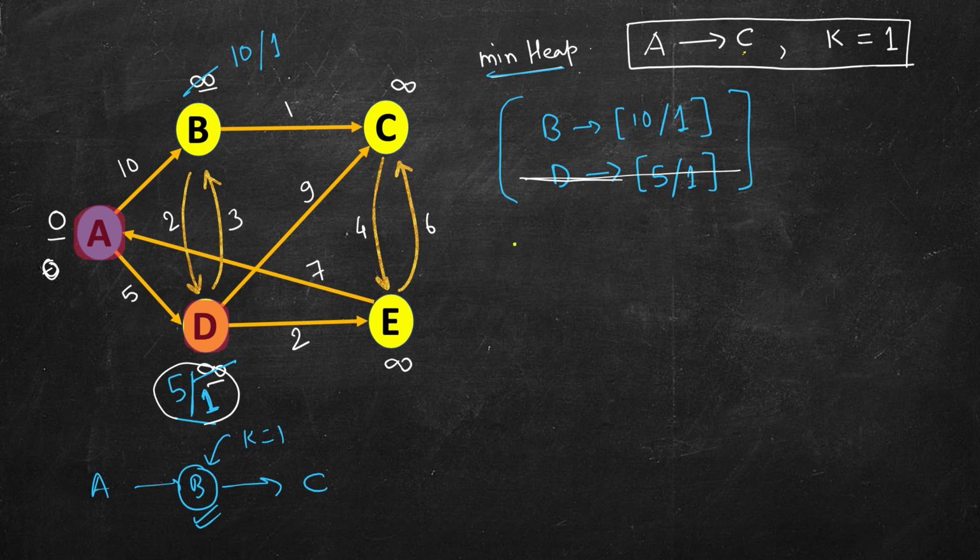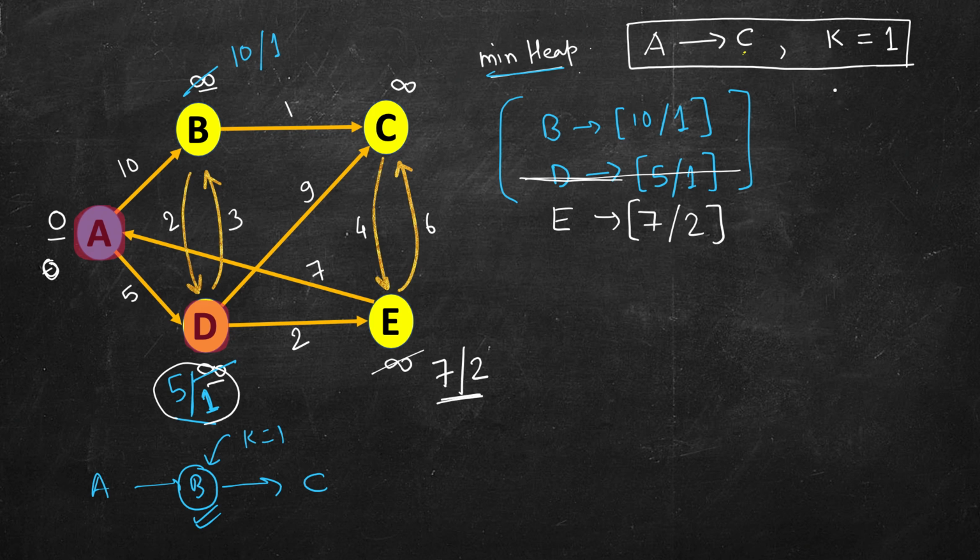So we continue. So we look at neighbors of D. Neighbors of D are E. So 5 plus 2, 7. And hop will be one more, or number of edges, sorry. 2 edges, that means 1 hop. So we insert it into the queue, E, 7 and 2.